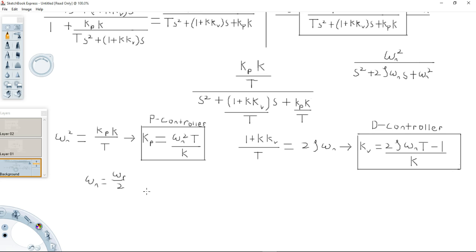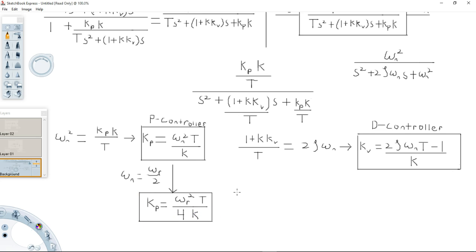So the new P controller would then be this. So the system would now be the resonance frequency squared times the time constant over 4 times the gain.